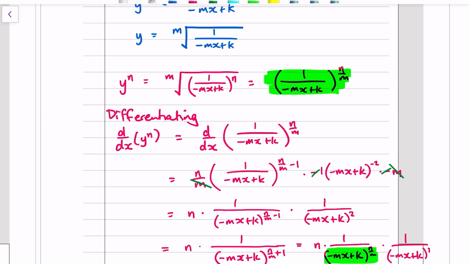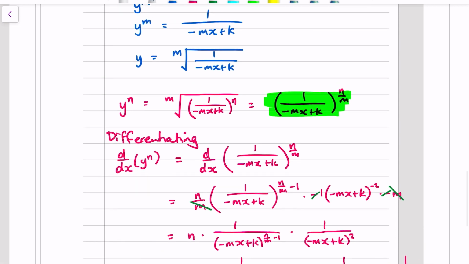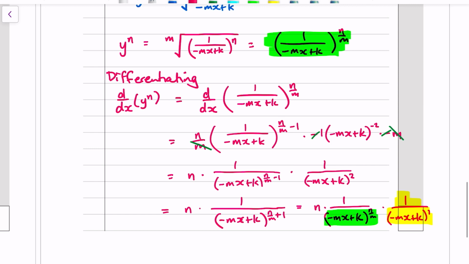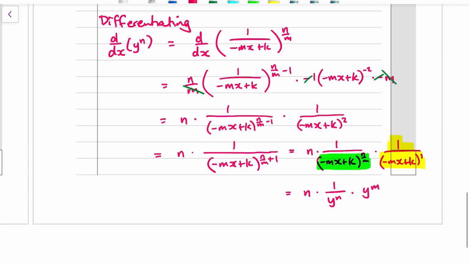And then this dude, negative mx plus k, or the 1 over is this dude. So we've got a y to the m and a 1 over y to the n. So we've got equals n times 1 over y to the n times y to the m, which is equal to n times y to the m minus n.